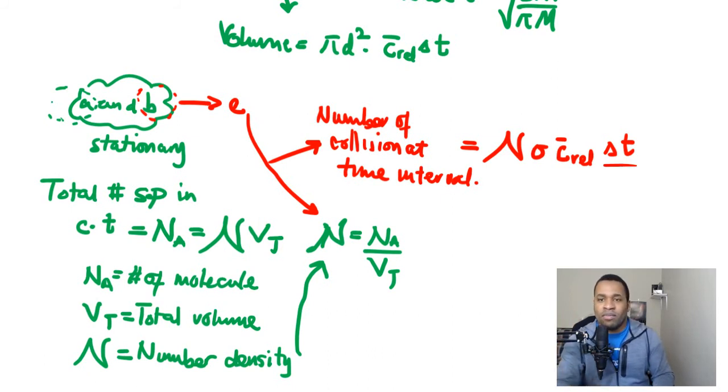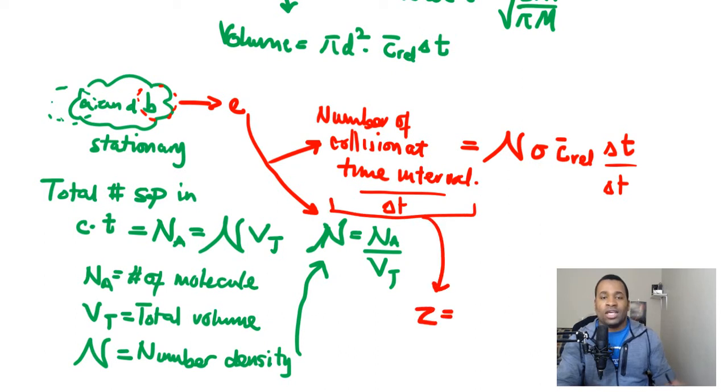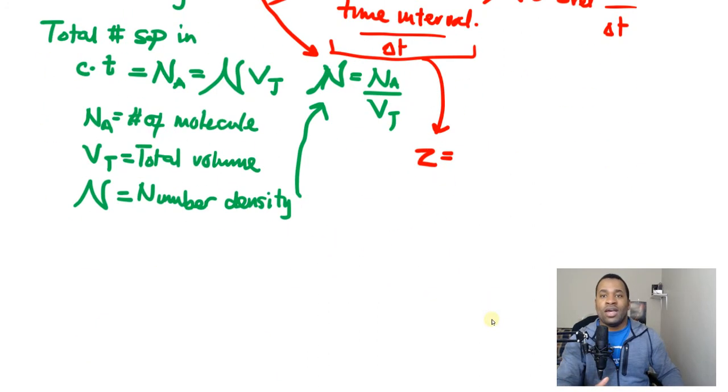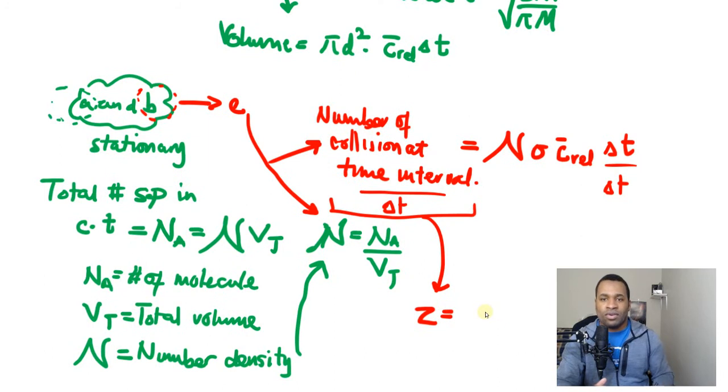So if you divide both sides by our time, we'll be able to get the subject of the formula in terms of Z, and Z, which is the number of collisions divided by our time interval, is equal to the number density multiplied by the area multiplied by the relative mean speed.